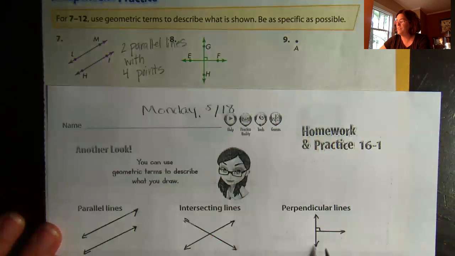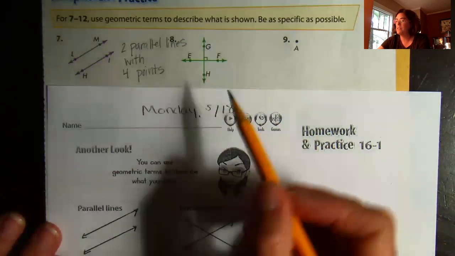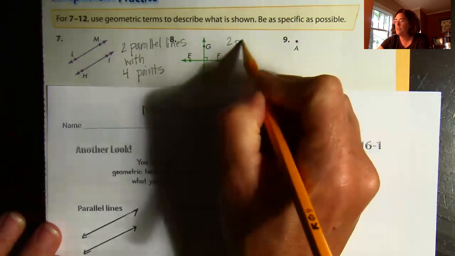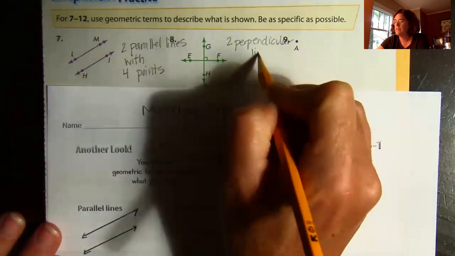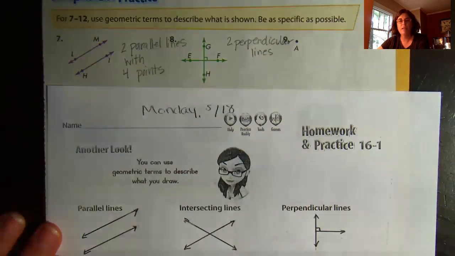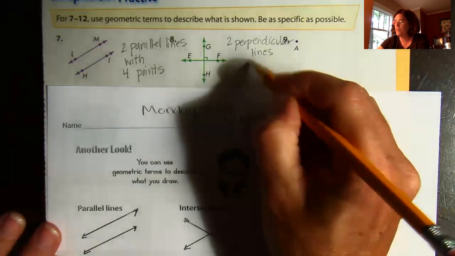They're perpendicular lines because they form a right angle right there. So we could say 2 perpendicular lines, and how many points are on those lines? Very good. Again, they have 4 points.